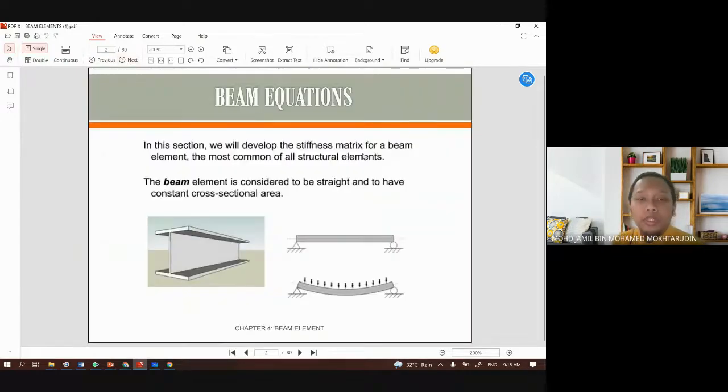Okay, so beam equations. In this lecture, we will develop the stiffness matrix of a beam. Similar to truss, we can also have a beam element instead of truss. I think you have learned about beam maybe in SOM.